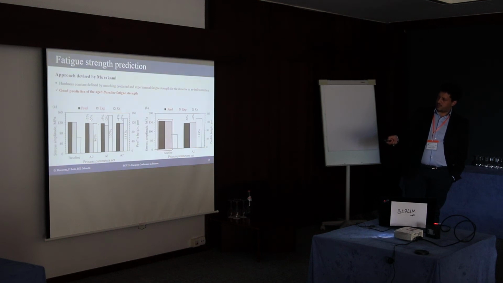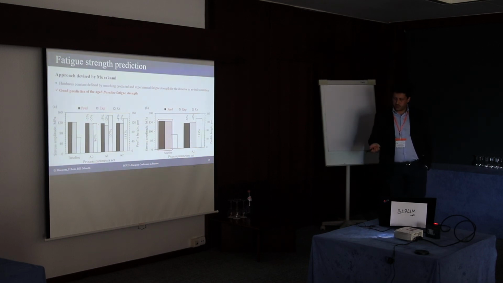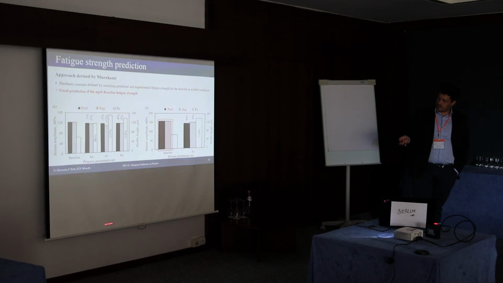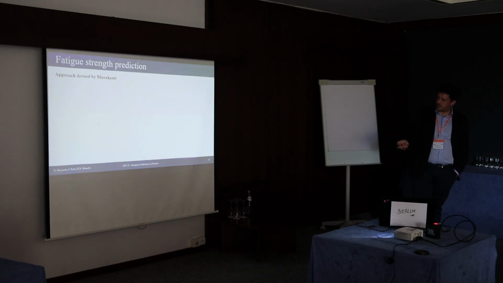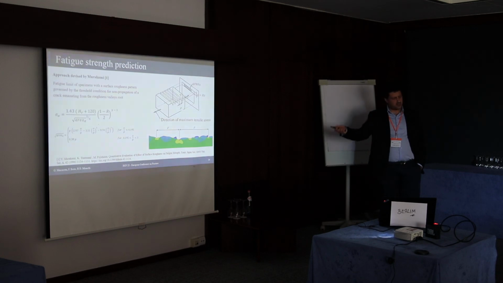It's not exactly perfect, but if you introduce the Murakami approach on the roughness, the hardness, and also the increase of the roughness, because they are within this term, their increase has only a slight effect on the fatigue strength, which is in line with what we observed.